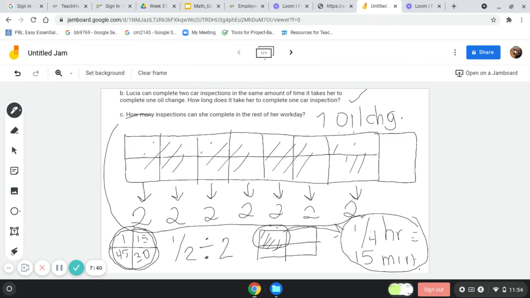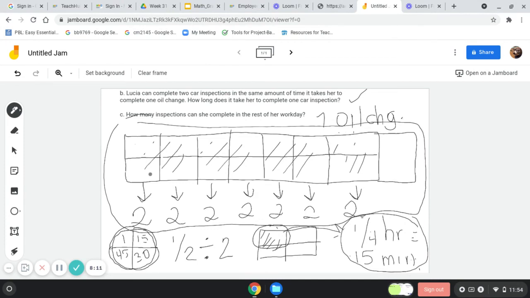We looked at her 3.5 hours, and we determined from 3.5 hours she was able to do 7 oil changes. Each oil change was a half hour. We took each of those half hours and we divided them by 2. So once we do that, now we can see how many car inspections she can do within those 3.5 hours.